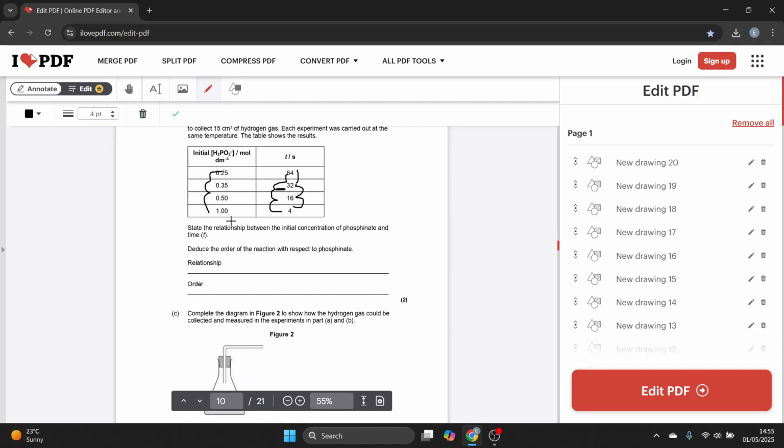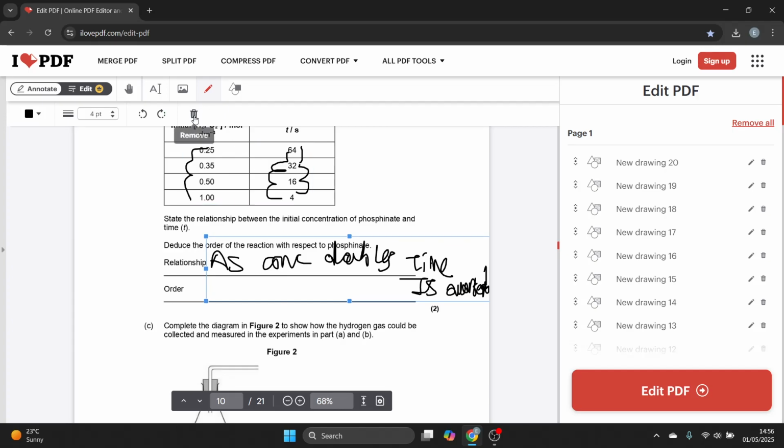What you could do is say H2PO2 minus is inversely proportional to 1 over T. But I don't think I would do that. I think I would just say as concentration doubles, time is quartered. So what is the order with respect to phosphonate?